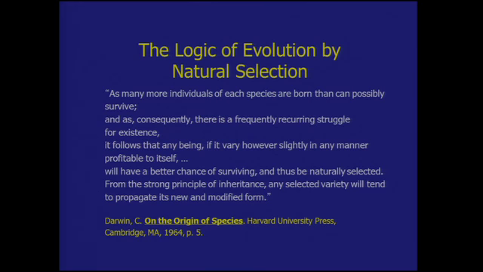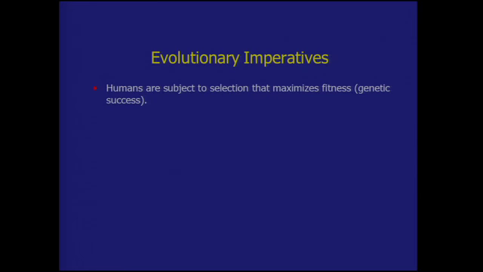And then he goes on to say, although he didn't understand inheritance, from the strong principle of inheritance, any selected variety will tend to propagate its new and modified form. And that's how you get change in a population over time. Darwinian evolution is about changes in populations over time, not changes in individuals over time. Now, as human beings, we are subject to the same evolutionary factors and processes that every other organism is subject to.